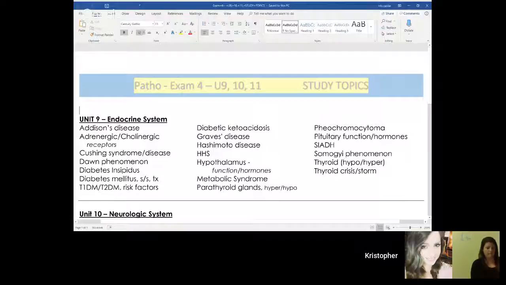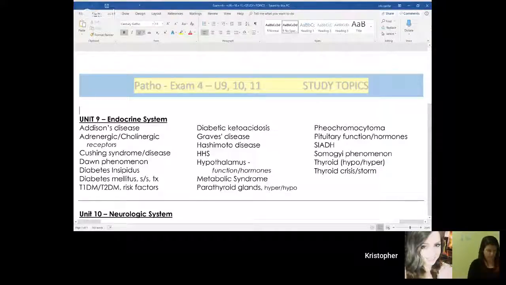Yes. Okay. Diabetes insipidus and SIADH go together. Do you currently know the difference between SIADH and diabetes insipidus? Well, let me ask you this question, and this will help you.